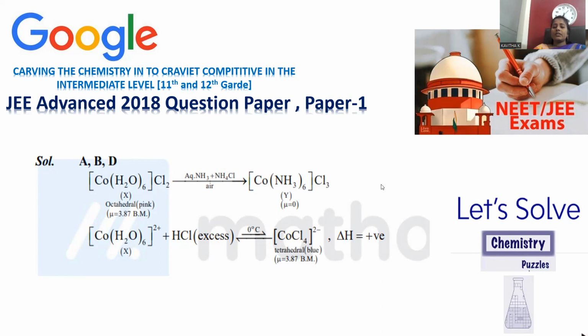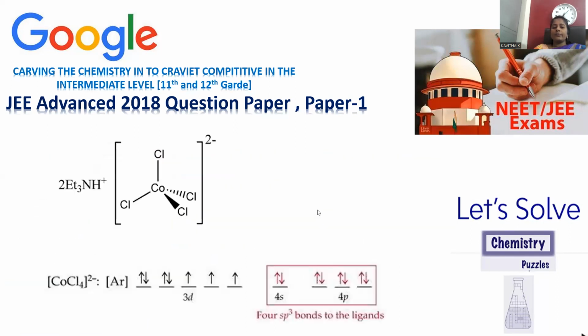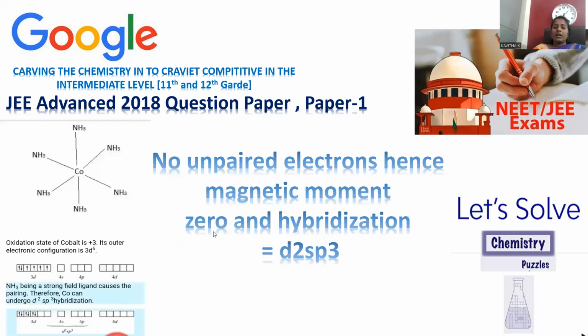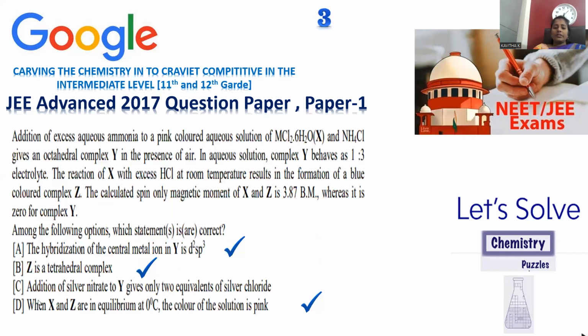Whenever three chloride ions are free for donation, when silver nitrate is added, how much silver nitrate is required? Each silver nitrate compensates one chloride. So three silver nitrates are required, but they are saying only two. Three silver nitrates are required to compensate three chloride ions, so the three chlorides are replaced with nitrates, and we get silver chloride as a white precipitate. But the option says addition of silver nitrate to Y gives 2 equivalents.